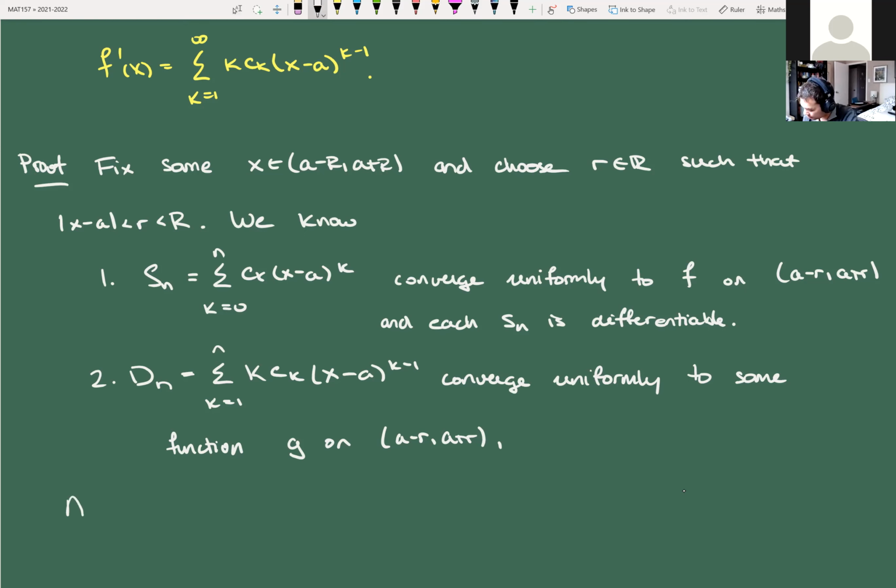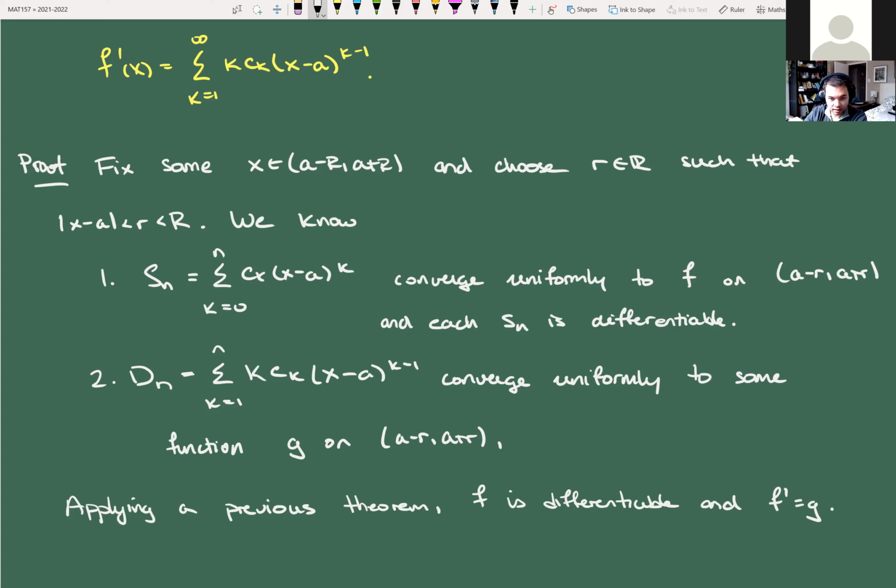So applying a previous theorem, and if you don't remember what theorem it is, yell at me and I'll dig it up, I'll find it. So applying a previous theorem, f is differentiable and f prime is equal to g, right?